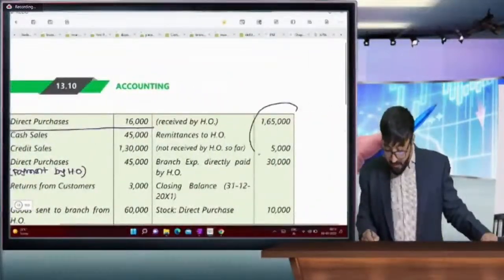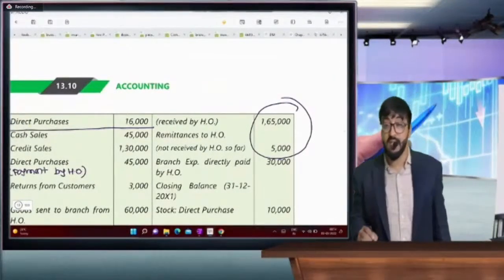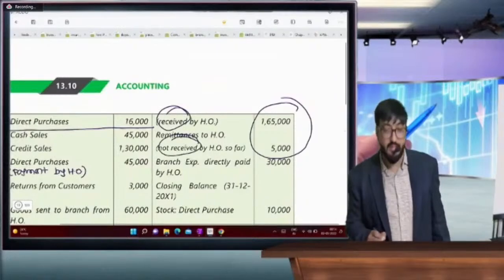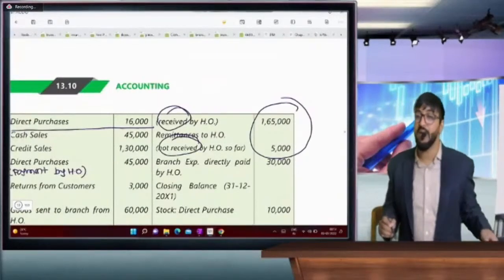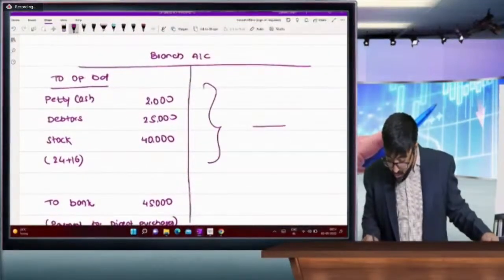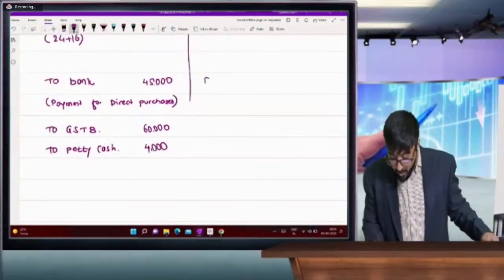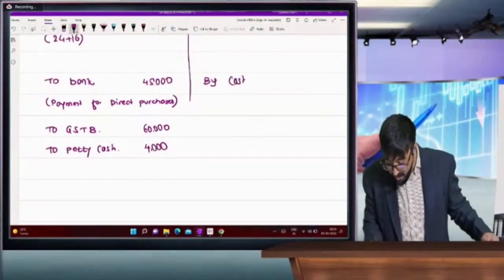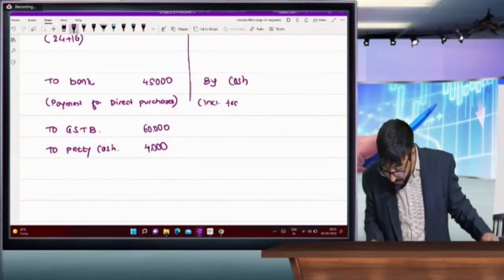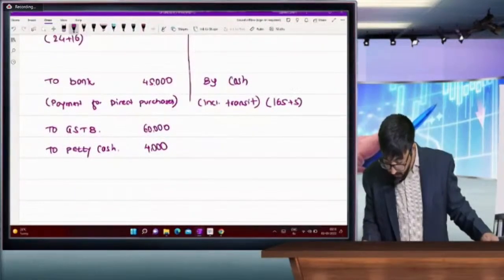Now see, there are 2 remittances: 1,65,000 which is received and 5,000 which is not received. The one not received will be in cash in transit. So in front of opening balances, don't write anything in the exam. By cash, including transit. 165 plus 5.